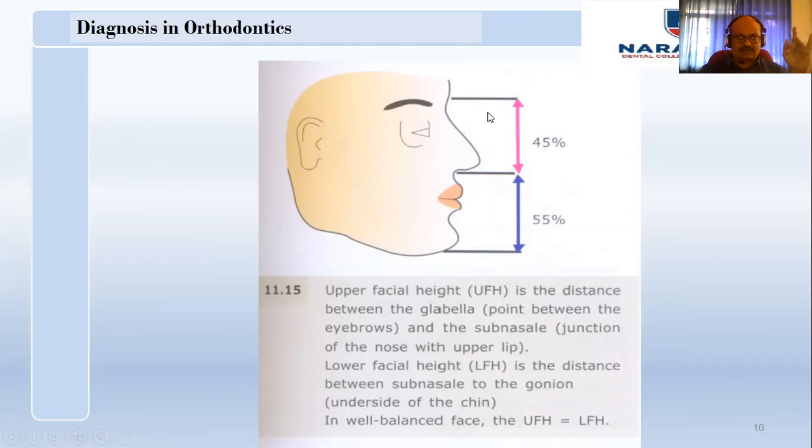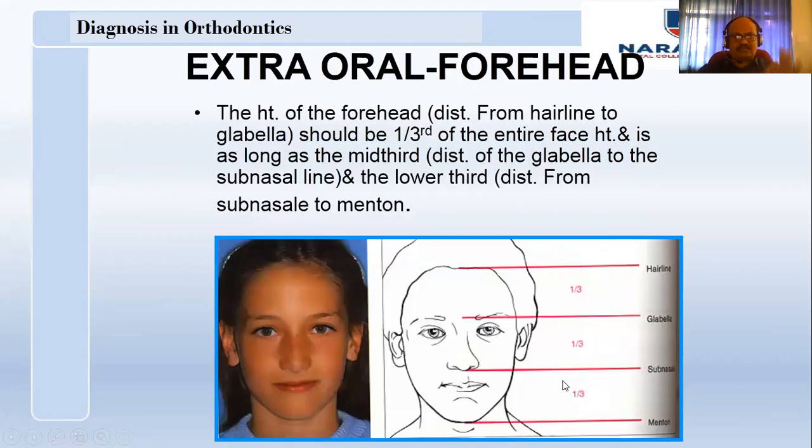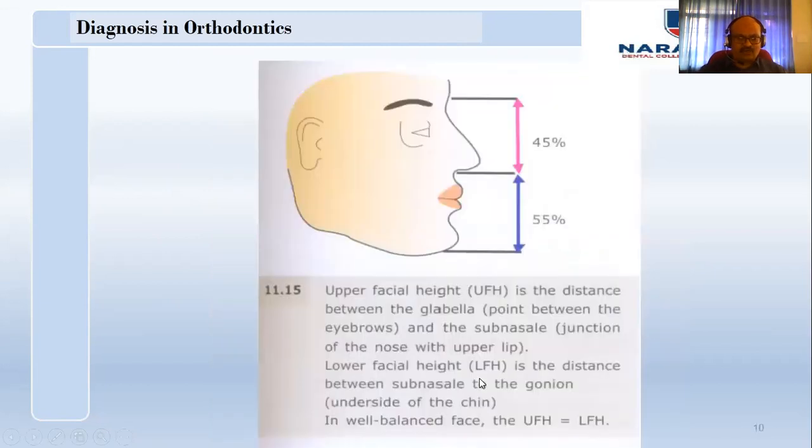So if you can remember, here we have drawn thirds. So the entire face, now we are calling it thirds into halves. If we divide into thirds, glabella to the hairline is a third, the forehead. Normally we are not considering the forehead if we divide into halves.